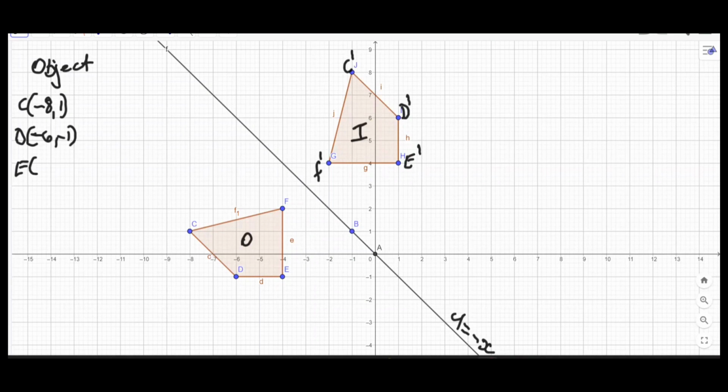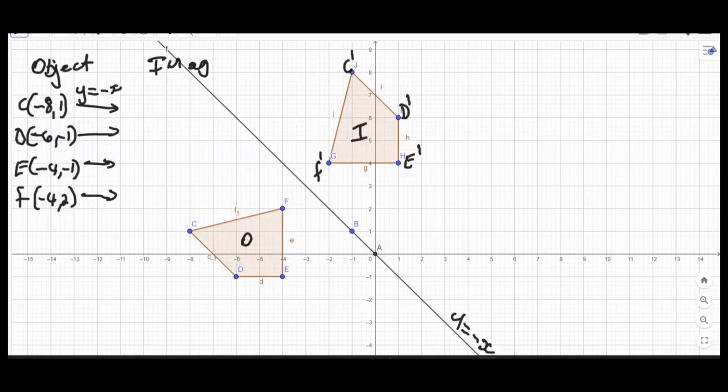And E was -4, -1. F, and that was -4, 2. And so we're going to see what happens when we reflect it in the line y is equal to negative x. So going across y is equal to negative x, it would create some image.